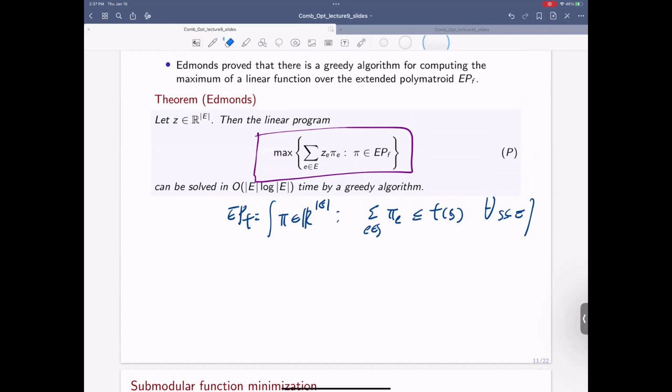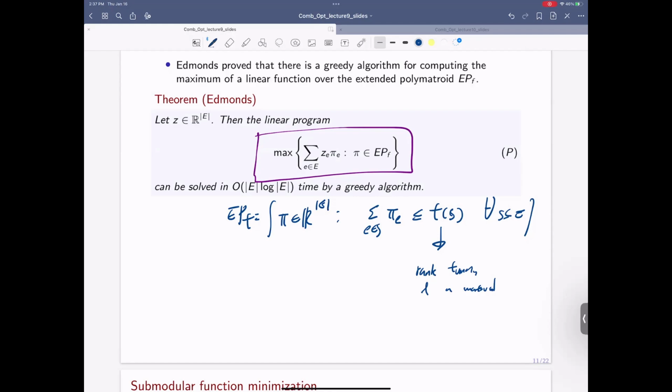Yeah, it's related to matroids actually. So here, I think when Edmonds introduced this concept, this used to be the rank function of a matrix. And a rank function of a matroid is a submodular function.